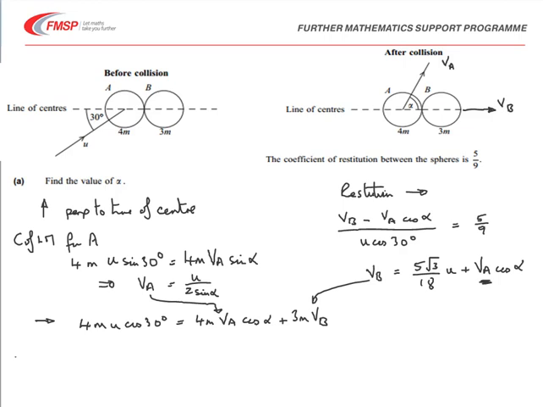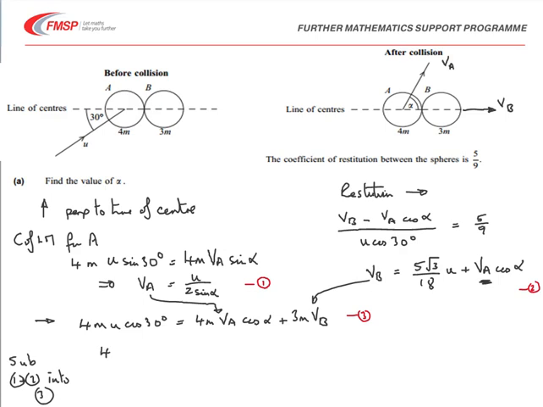So doing that substitution, if I call this equation here equation 1, and this equation here equation 2, and I'm substituting into equation 3. So substitute 1 and 2 into equation 3, we get the following.